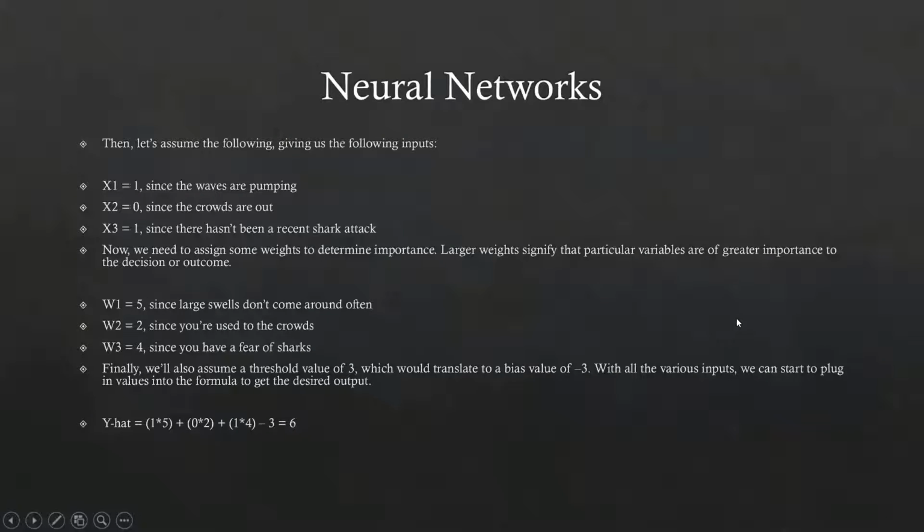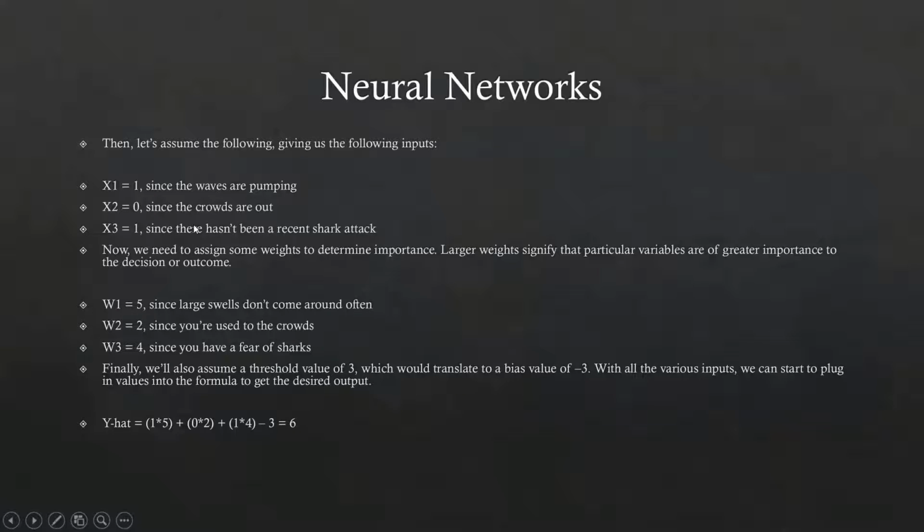Going into a little bit better of an example here, here's an example of surfing. So these X values are our inputs. So for example, the waves, crowds, and whether there hasn't been a recent shark attack. Now, with those input variables, we have a weight system.